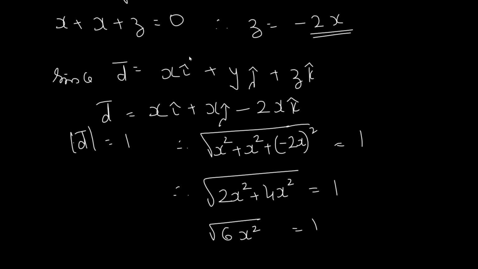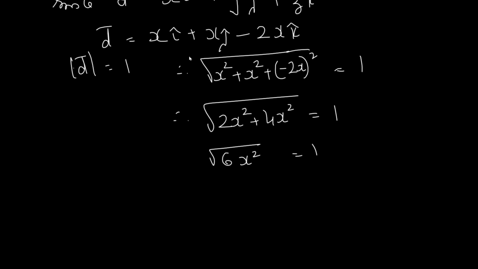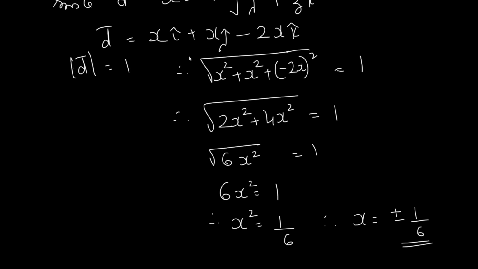Squaring both the sides we get 6x square is equal to 1, and therefore x square is equal to 1 upon 6. Therefore x is equal to plus or minus 1 upon root 6.